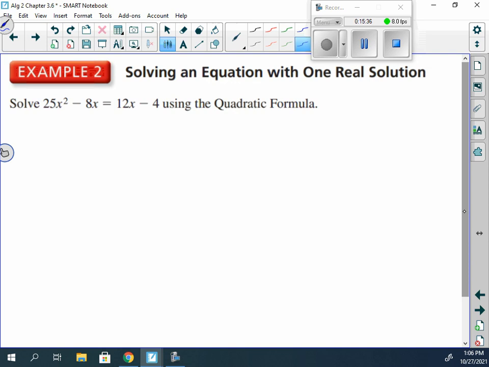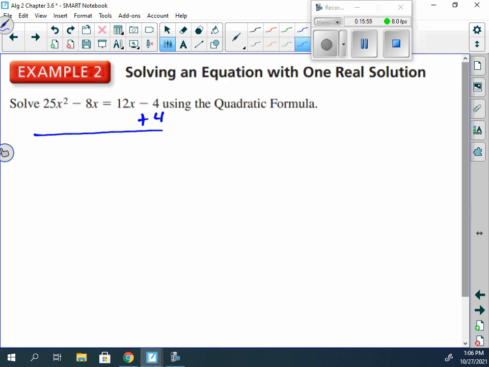So if we want to solve this by the quadratic formula, not the equation, quadratic formula, we need the equation equal to what? We need this equation equal to 0. So what's the first thing we can do to get this equal to 0?